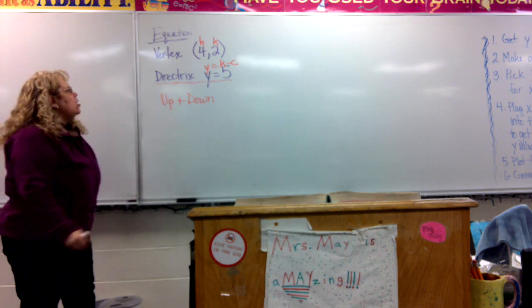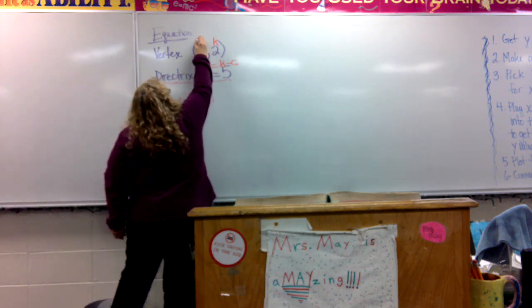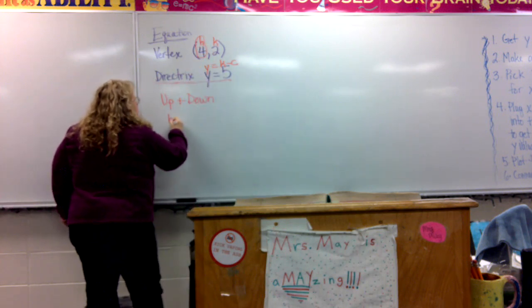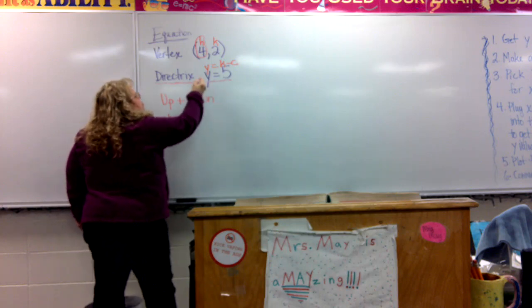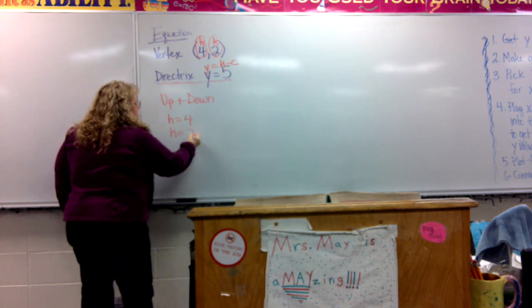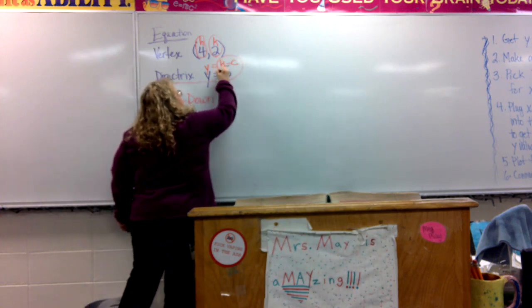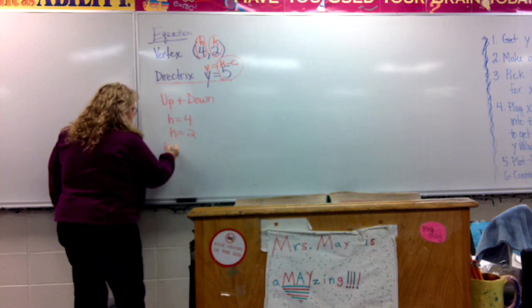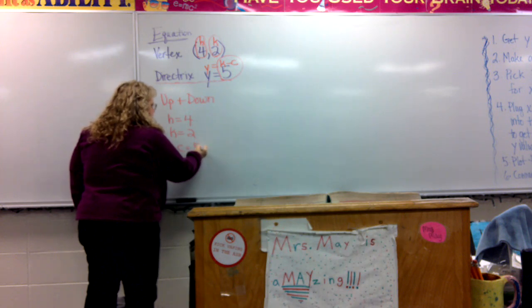So what do I know? Well, look what I know right here. I know the H and the K. And H equals 4, like yesterday. K equals 2, like yesterday. K minus C equals 5.